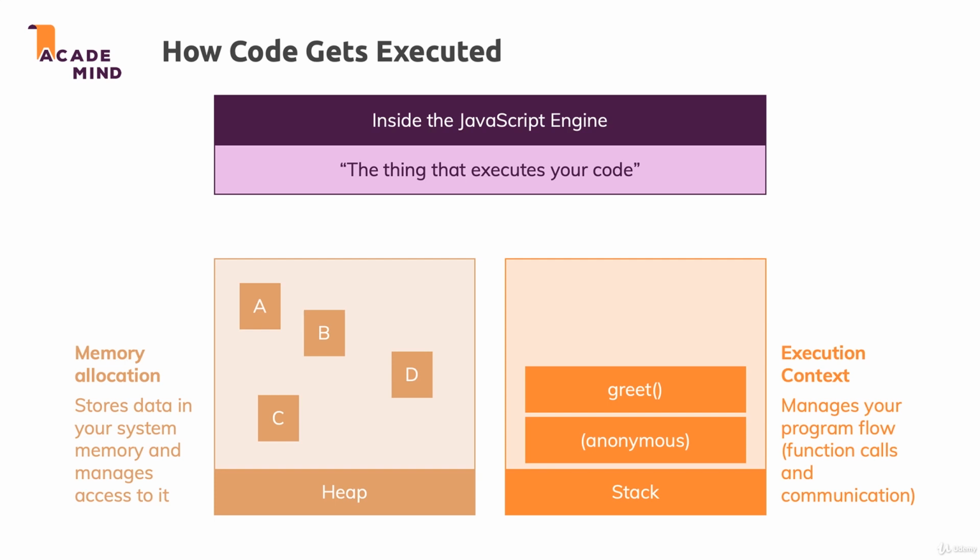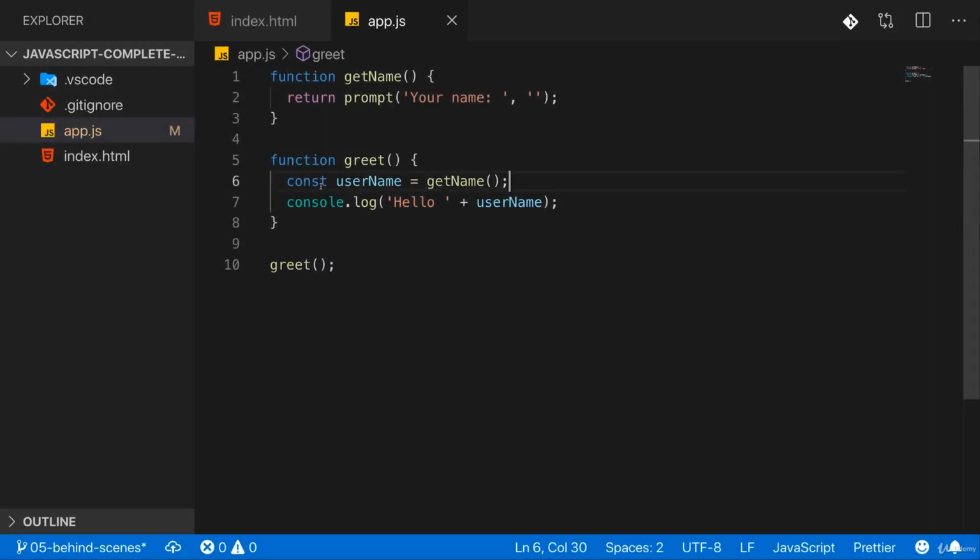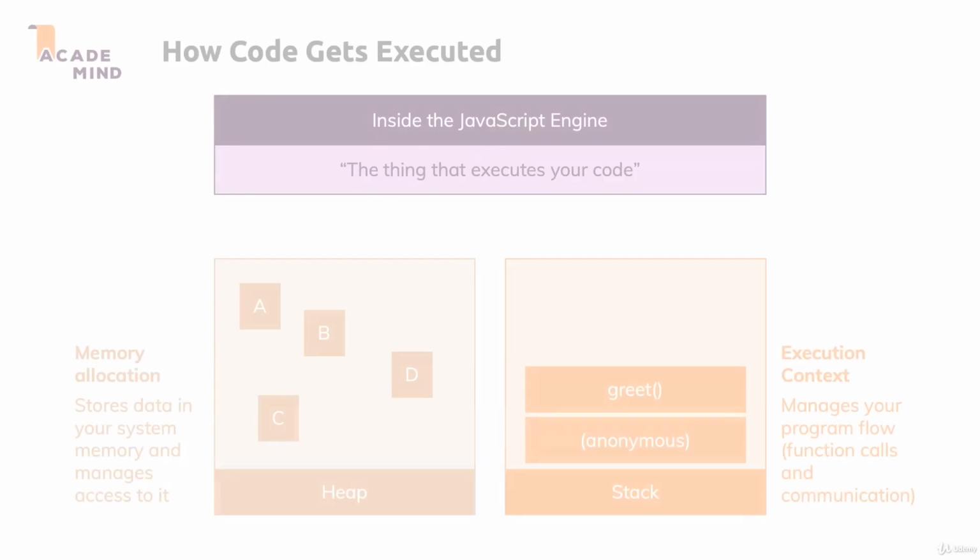So we started with the overall script execution, this anonymous function, and in there we called the greet function, hence this is pushed onto the stack and is now the topmost item in the stack. And the topmost item in the stack is always the thing which is currently happening, you could say. Now, if we have a look at the greet function, what happens there is that we create a variable, and that variable is created by calling yet another function, the getName function.